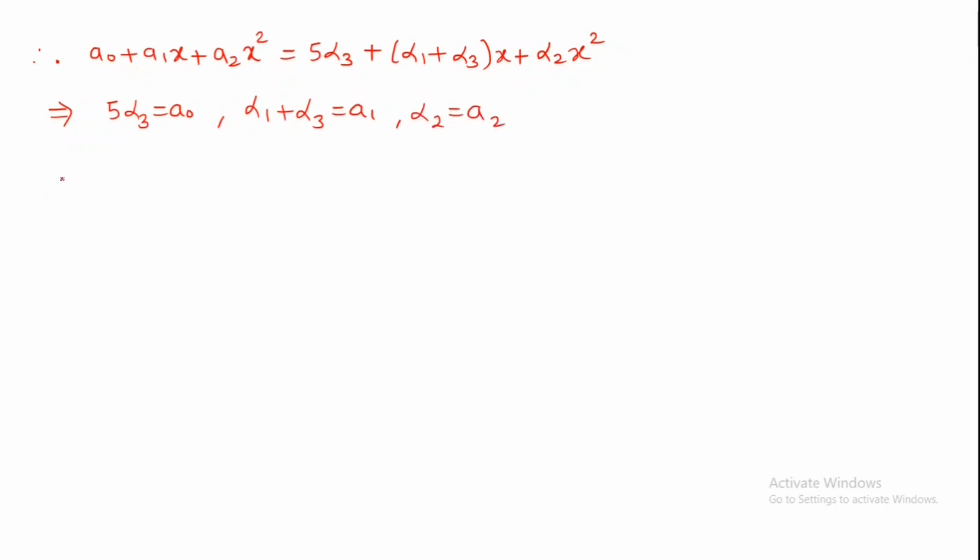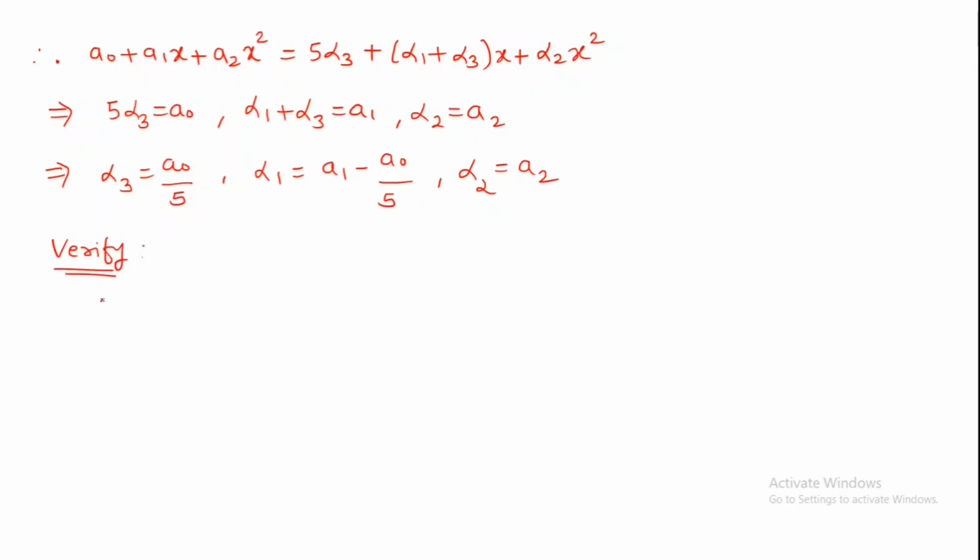So alpha 3 is a0 upon 5, alpha 1 is a1 minus a0 upon 5, and alpha 2 is a2.